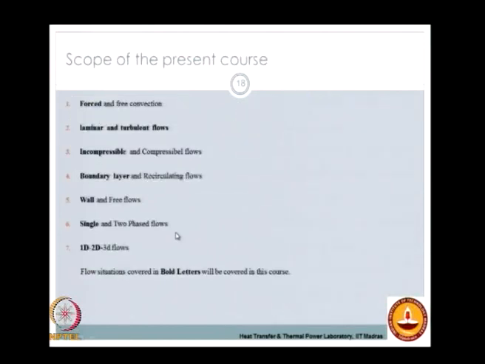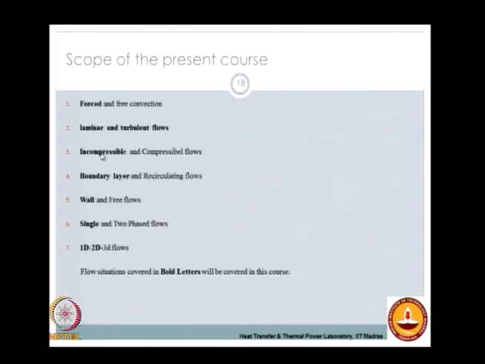So to summarize the scope of the present course, since we have looked at the classification of convective heat transfer based on the flow regimes, the geometry, and whether we are talking about single or two phase flows, we will decide the scope of the present course. We will look at forced convection and free convection both, and both laminar and turbulent flows.